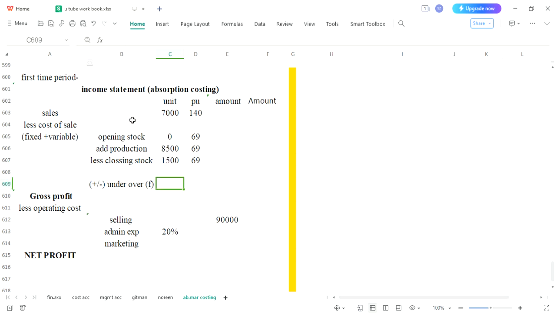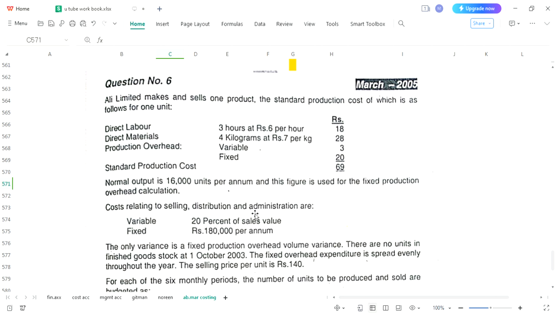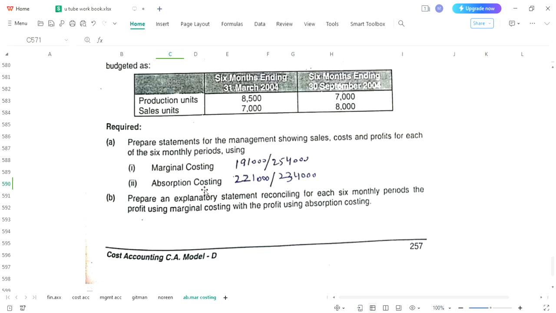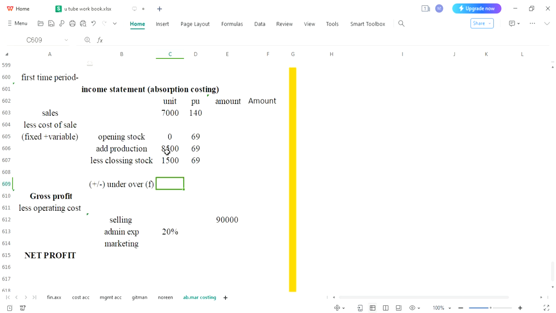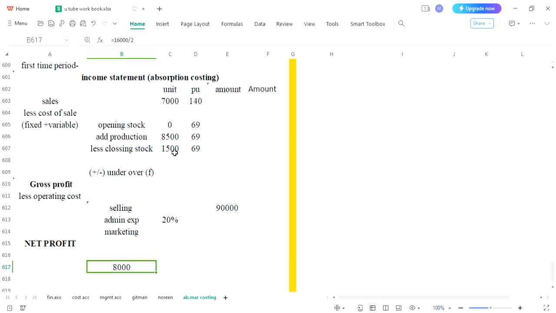Now we will see if there is any under or over fixed production. In the question it has been said that 16,000 units per annum. Per annum means 1 year. 16,000 units are to be produced for 1 year. For 6 months that would be half, meaning 8000. And how many units have we produced? 8500. Your standard production was 8000 while we have produced 8500 units.